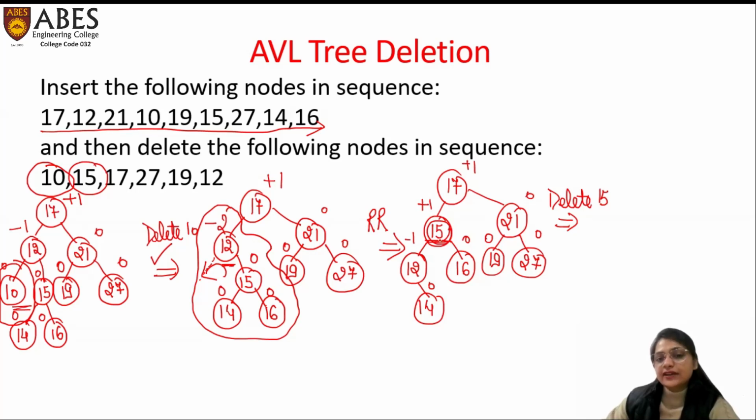And we have to replace this element with the in-order successor of it. So the in-order successor of 15 will be 16 here. So before directly deleting 15, we have to calculate the in-order successor of it, and this value needs to be replaced with the in-order successor of it.